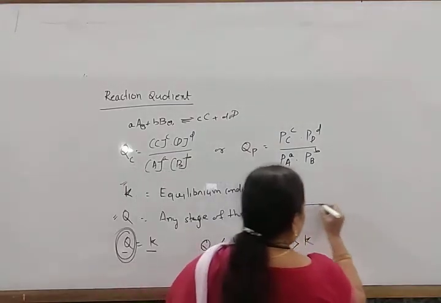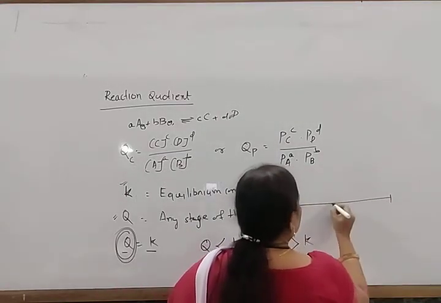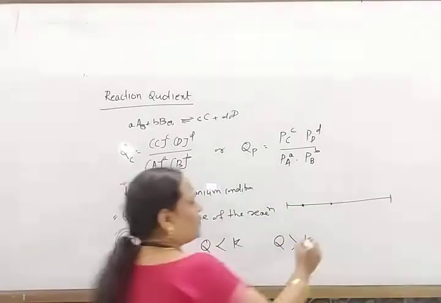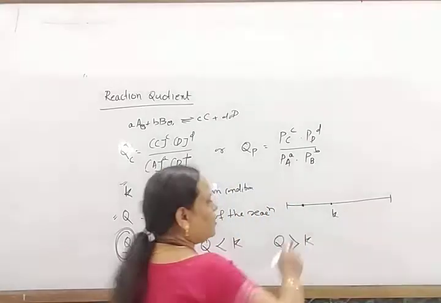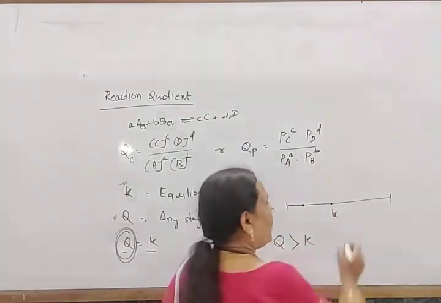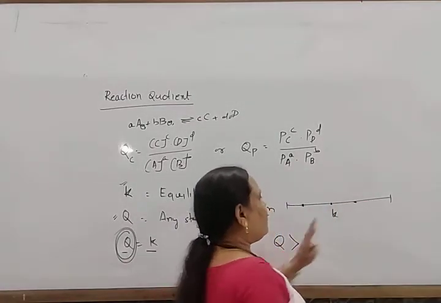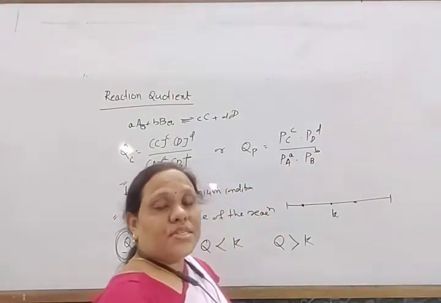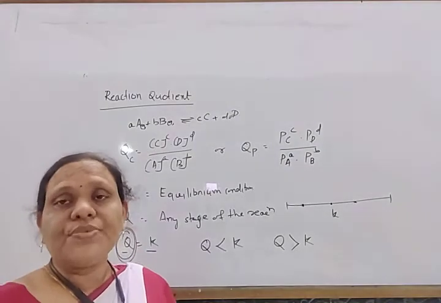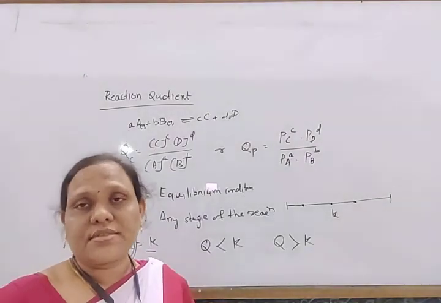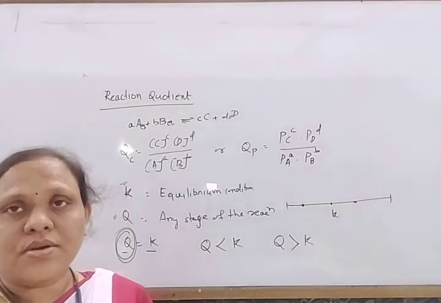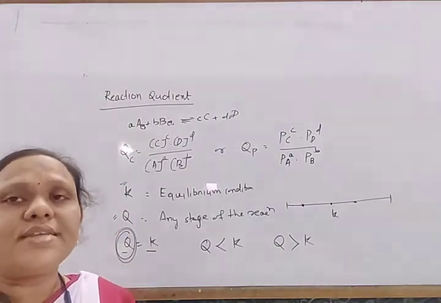That means, if this is K for the equilibrium and this is Q, then to achieve equilibrium it has to move in this direction, and if Q is present here, then it has to move the other way. So this reaction quotient determines the extent of reaction, and in which direction the reaction will further proceed. Okay, so note down what the reaction quotient is.